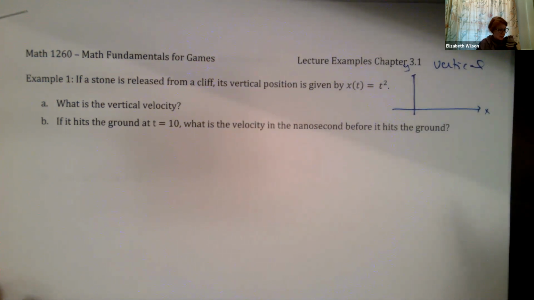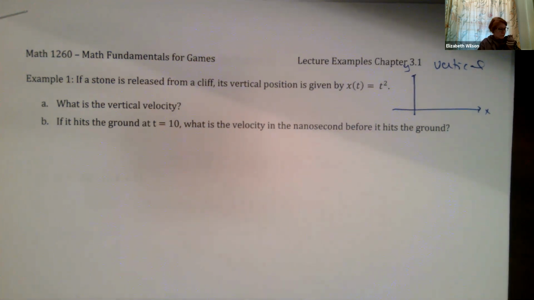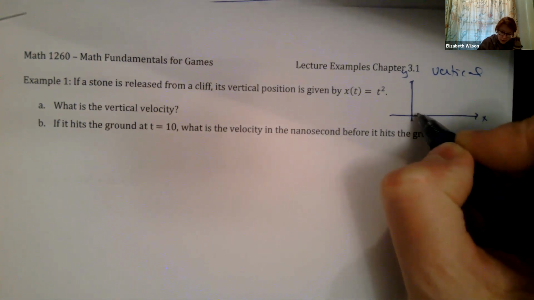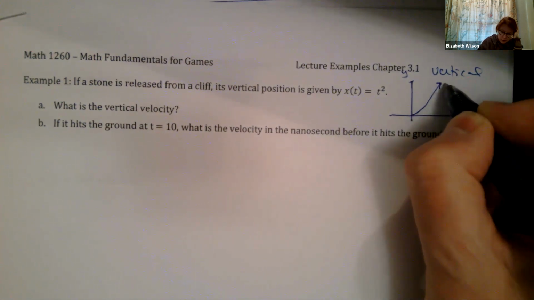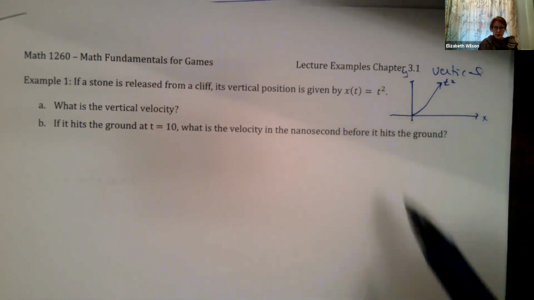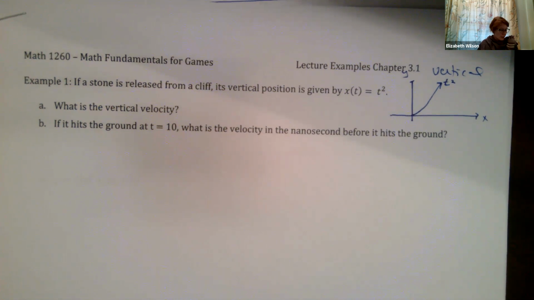Although I think it should be minus t squared because we're going this way. In reality, as it drops, it's going to be a parabola going down. So what we want to find out is the vertical velocity.